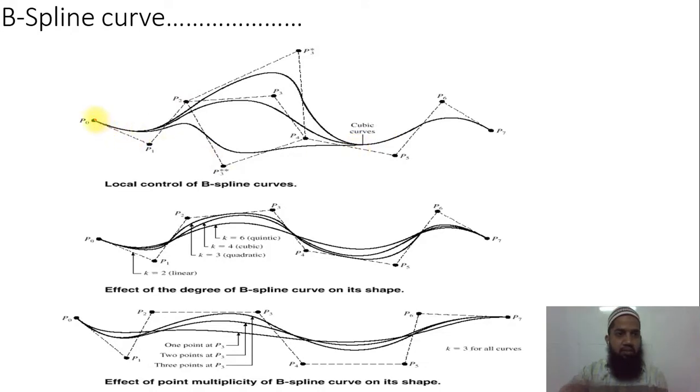For example, I am starting from here and cutting here this way, converting it into small segments. And here we also find the value of k, that is called the order of the curve, and according to that we can control it.